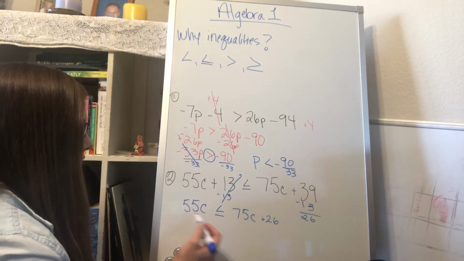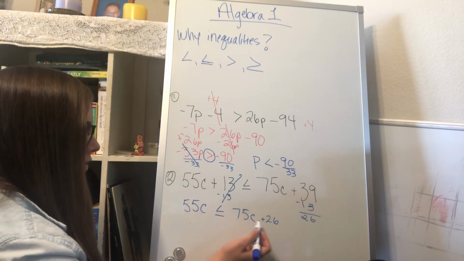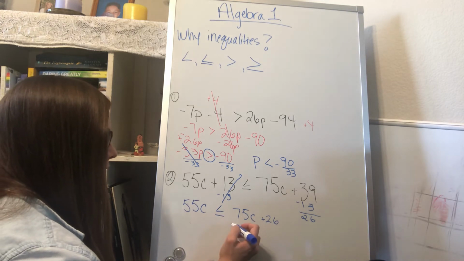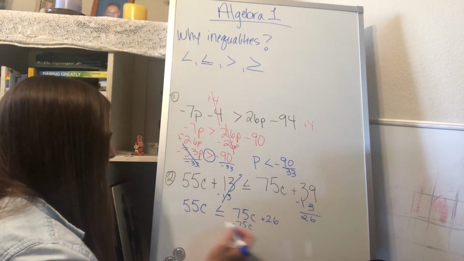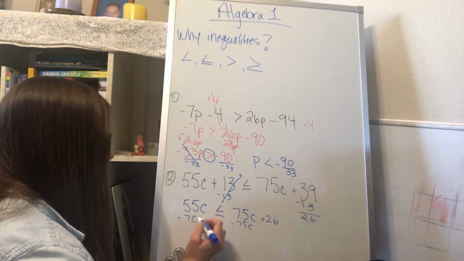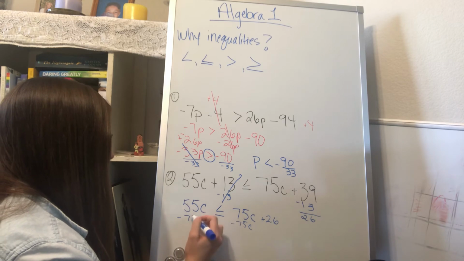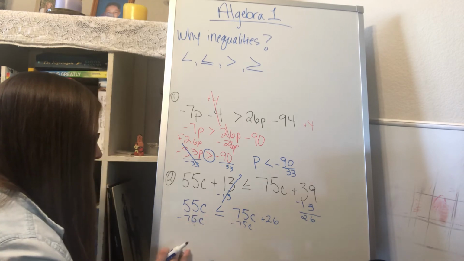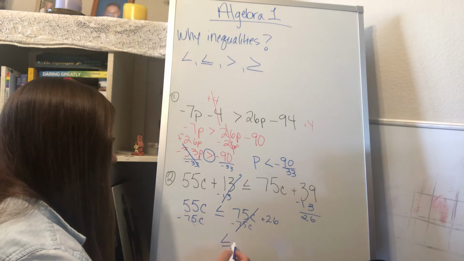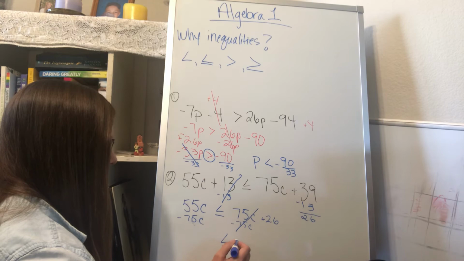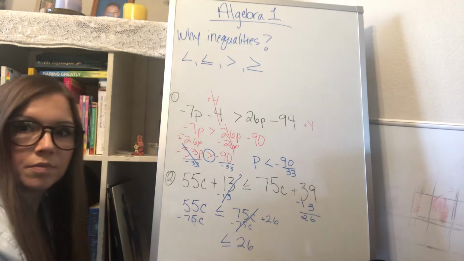So 55C less than or equal to 75C plus 26, I'm going to subtract 75C from both sides to get my variables all on the left. Okay, it's going to cancel over here. I'm going to have something is less than or equal to 26.